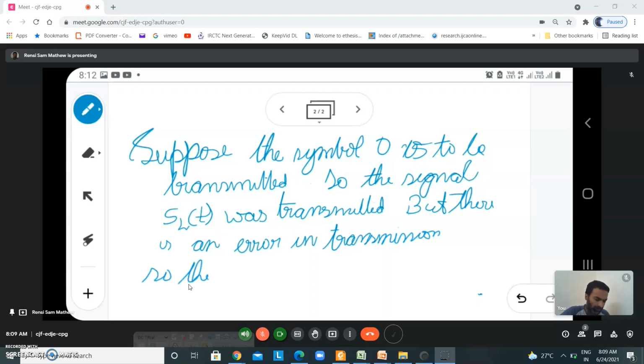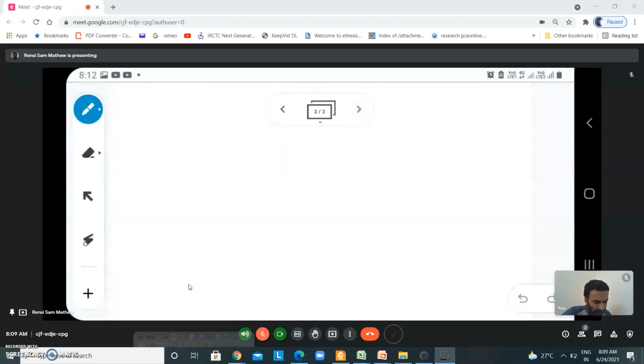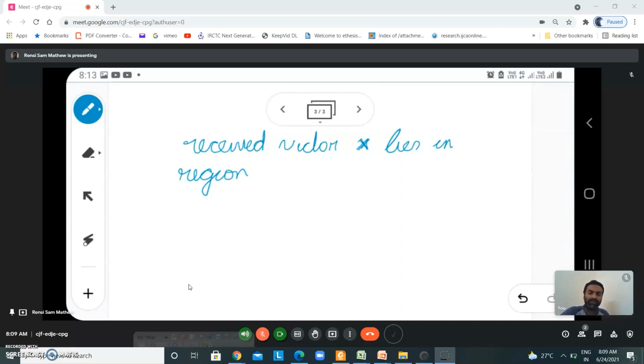So what will be our received vector? We write the received signal as x of t is equal to S2 of t plus W of t, and the received vector x has to lie in region Z2, but because of the error it lies in Z1.